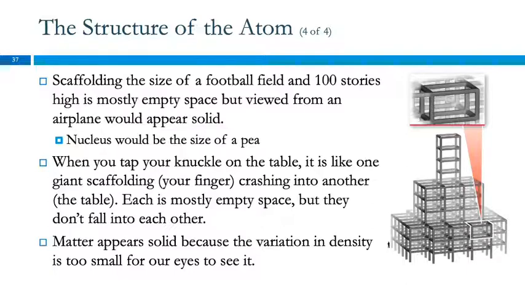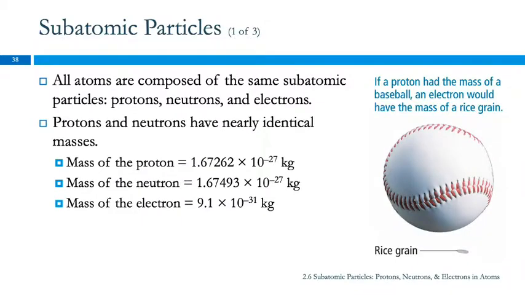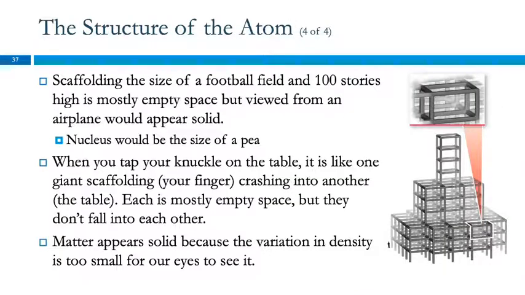Any questions? Things are not as they appear. What we see, that's the electron part of what we see, right? What we see, I believe, is light that's reflected from the surface of atoms. Yeah.